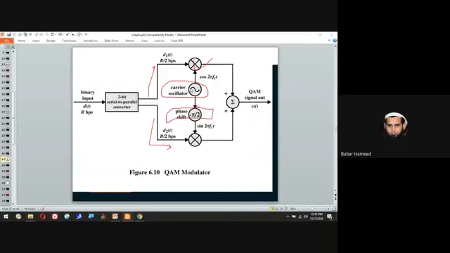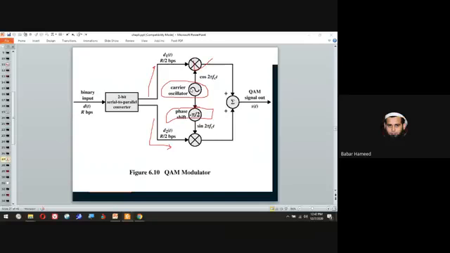It is showing the QAM modulation scheme in general terms. The input is a stream of binary digits, as in QPSK, arriving at a rate of R bits per second. This stream is converted into two separate bit streams of R by 2 bits per second each.